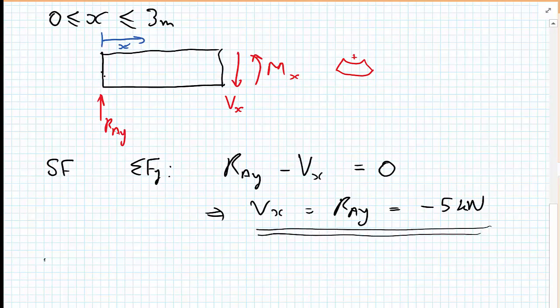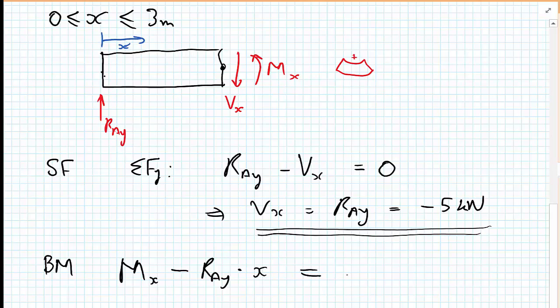And for the bending moment, I take moments about the point where I'm looking at the moment M of x. And so I have M of x, and this is going anti-clockwise, so it's positive. And then I have RAY multiplied by the lever arm to that point, which is x distance along. This is now going in the clockwise direction, so that is negative.